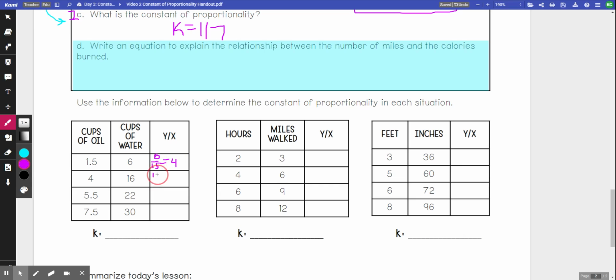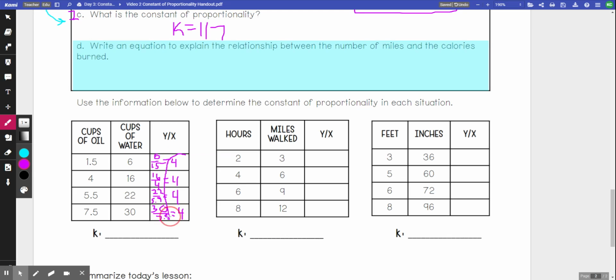Second one, you do 16 divided by 4, which gives you 4. 22 divided by 5.5. If you do it in your calculator, you'll see you also get 4. And then we have 30 divided by 7.5. Throw it in your calculator, and you'll see you get 4.